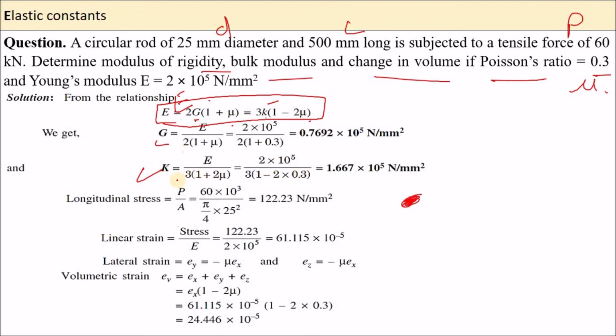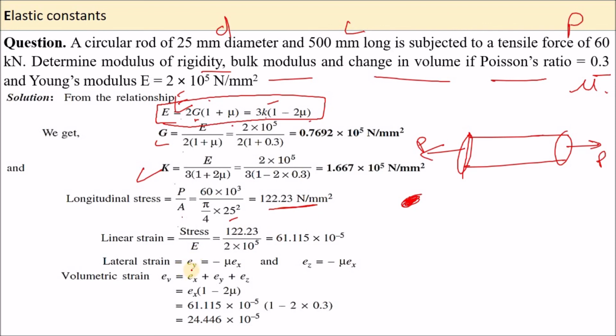After finding G and K, we need to find the longitudinal stress, P by A, that is the stress value, with area pi by 4 times 25 square, this diameter. Okay, this is in this way, no? P is acting here.